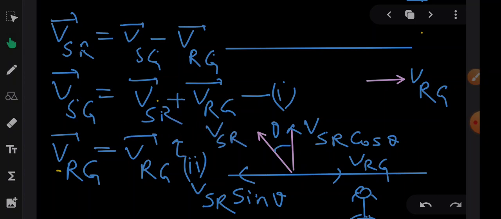Now, the velocity of swimmer with respect to river can be represented in vectorial form by resolving it into its rectangular components as VSR cos theta along vertical and VSR sin theta along horizontal.